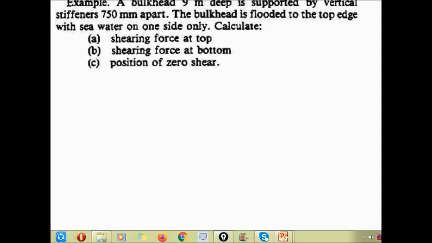If you see the numerical, the question is like this: a bulkhead 9 meter deep is supported by a vertical stiffener 750 mm apart.